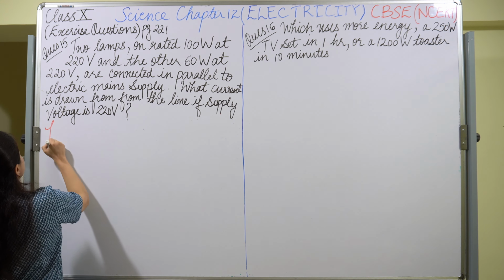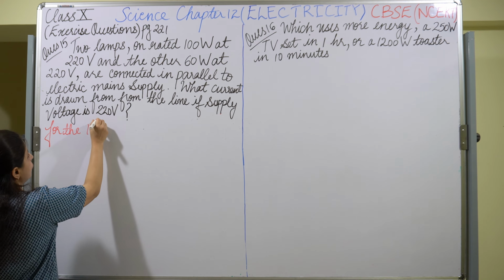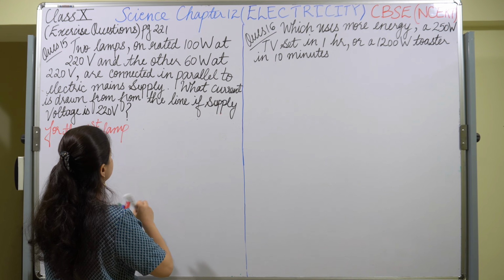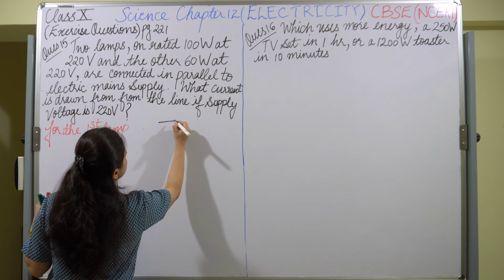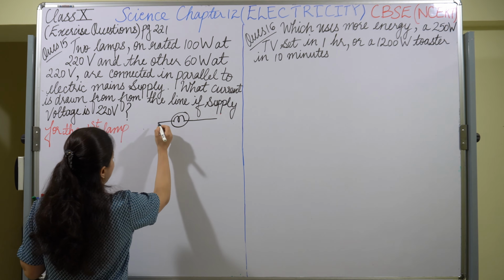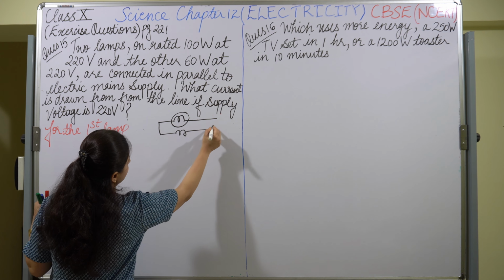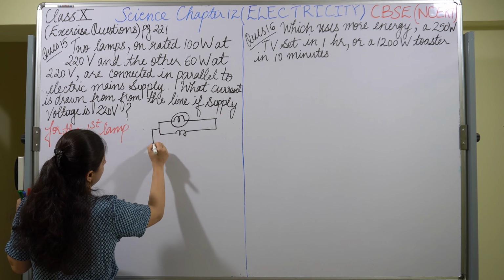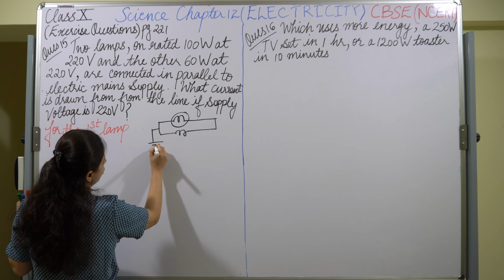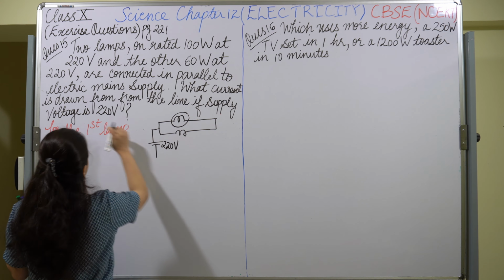So for the first lamp, let us draw the diagram also over here. Suppose this is a bulb, the first bulb, and they both are connected in parallel through a 220 volt supply.